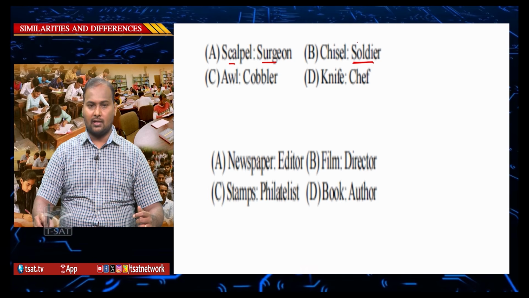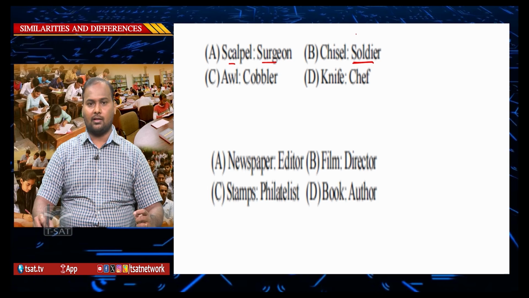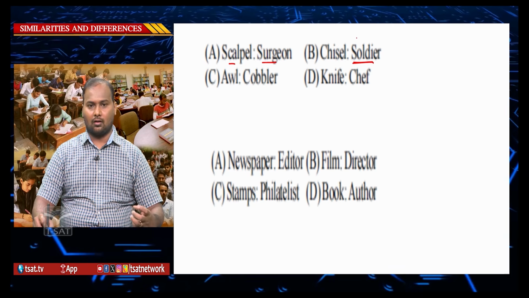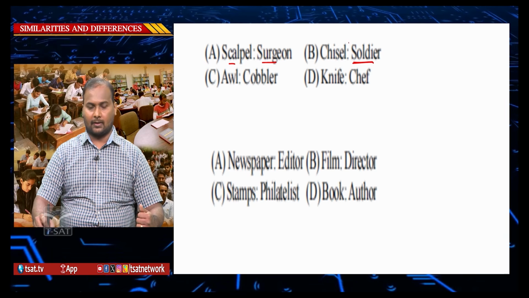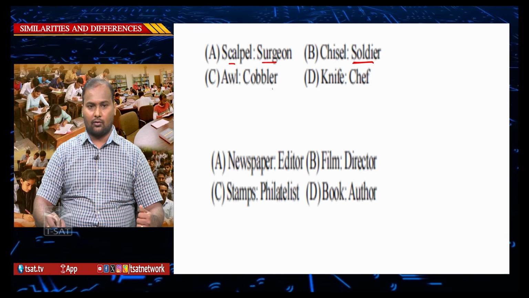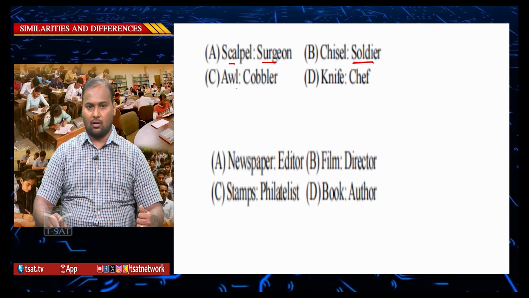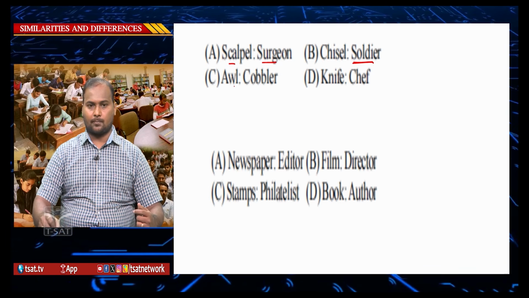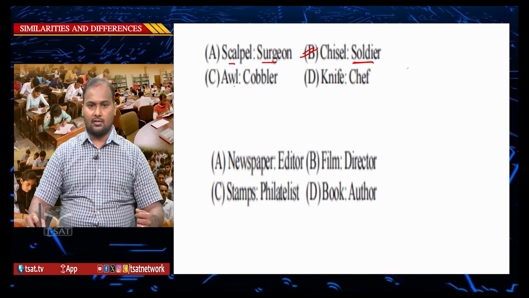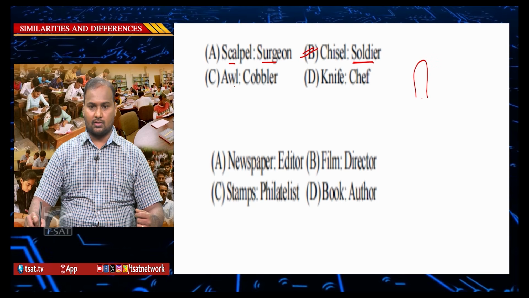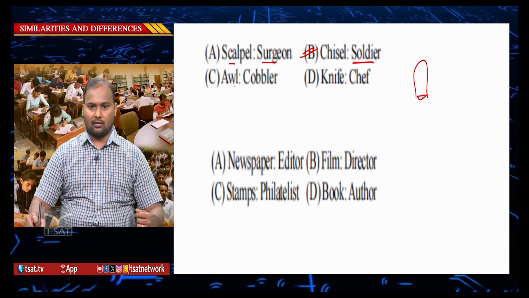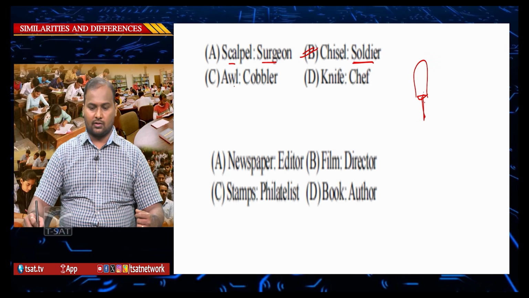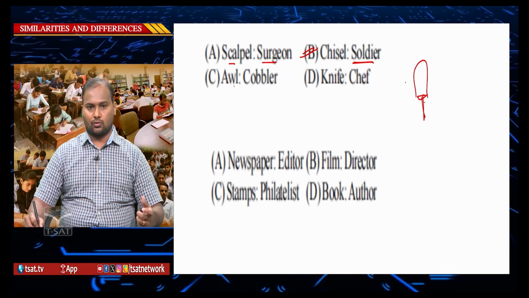Chisel is used by a sculptor. So your answer should be either gun or sculptor. Then it becomes correct. Now come to awl and cobbler. A cobbler uses an awl to stitch shoes. The person who stitches shoes will have this kind of instrument, very sharp, used to stitch a shoe or a chappal.